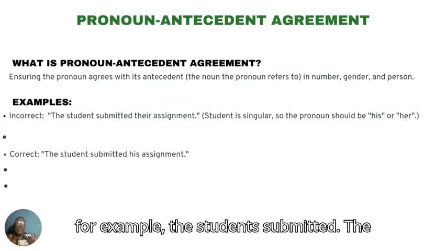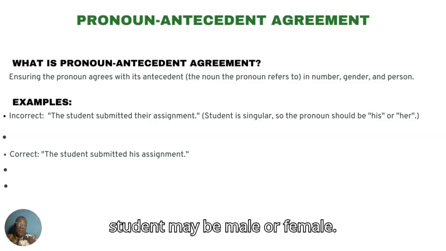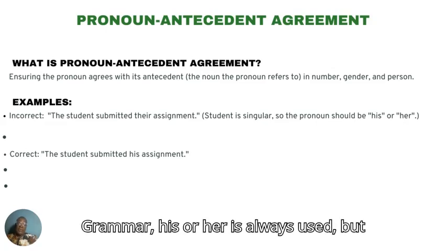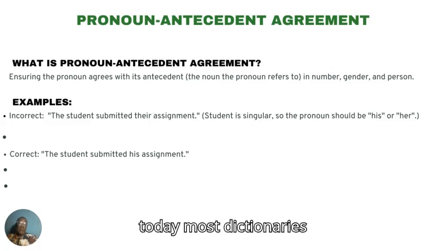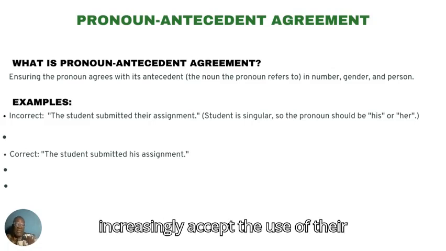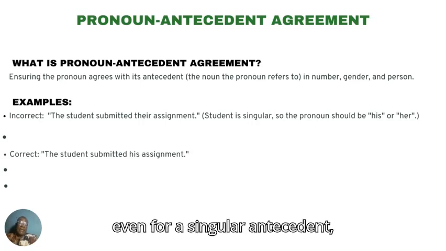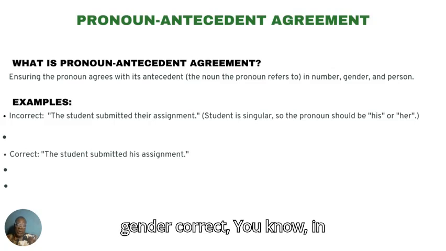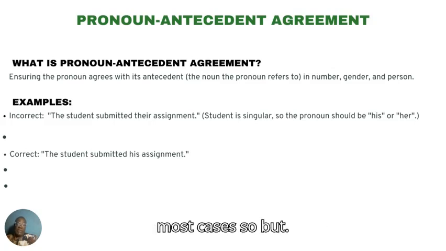For example, the student may be male or female, and in traditional grammar, his or her is always used, but today most dictionaries increasingly accept the use of their even for a singular antecedent, and this is meant to be gender correct, in most cases.